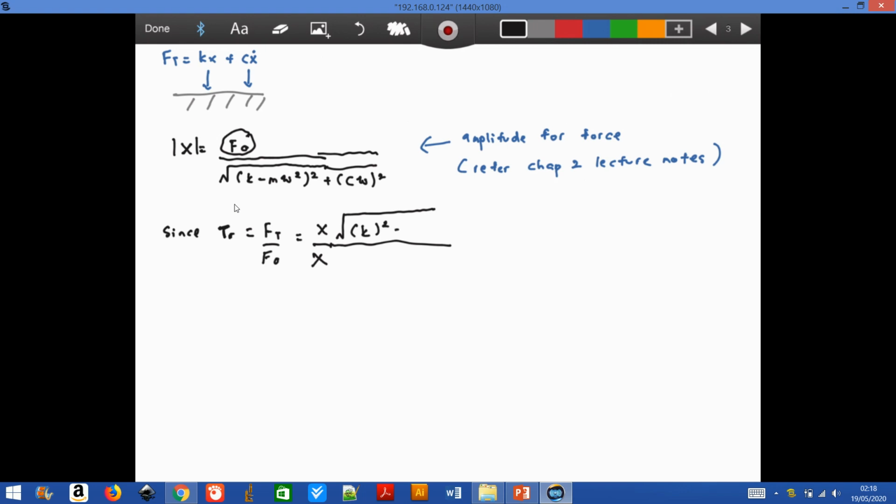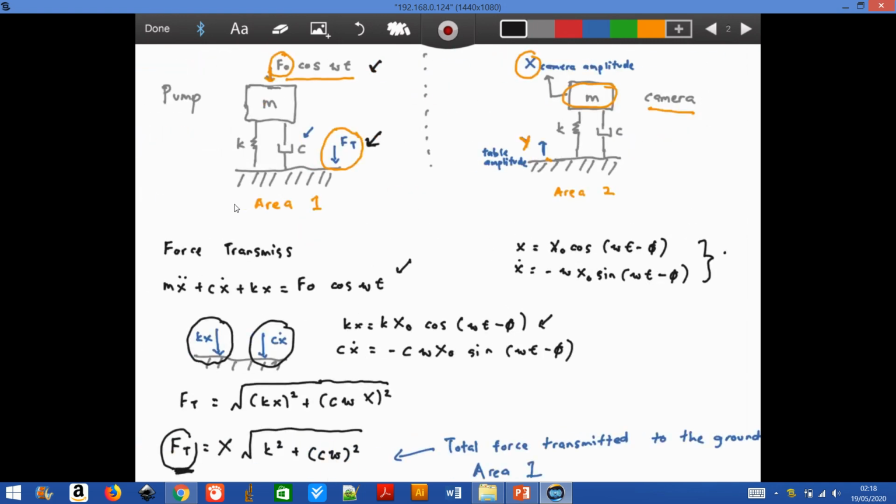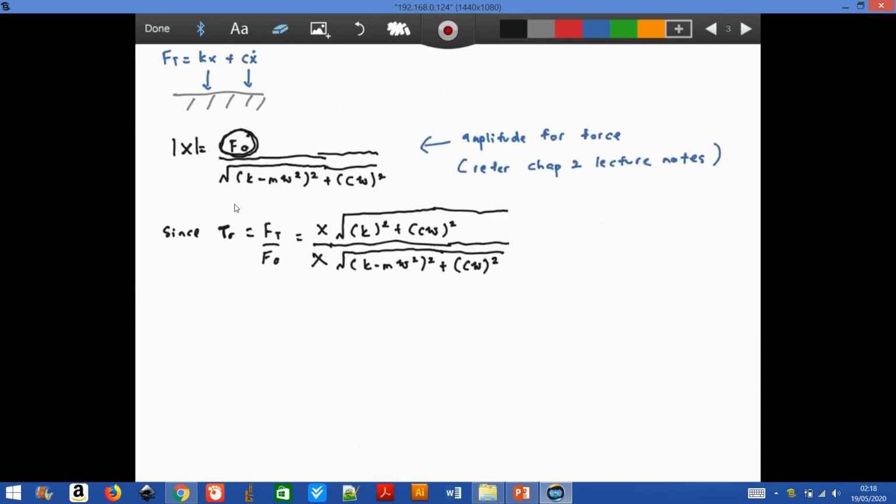k squared plus c omega squared over the square root of k minus m omega squared plus c omega squared. So what I did was I extracted this Fo and this Ft, and put them together in the transmissibility equation, Ft over Fo, so I get this.